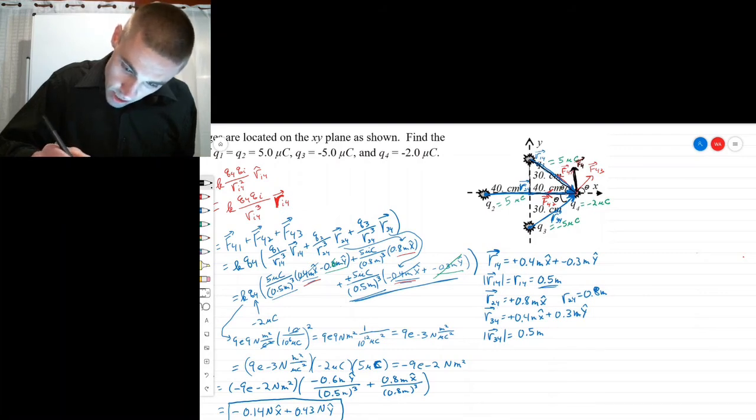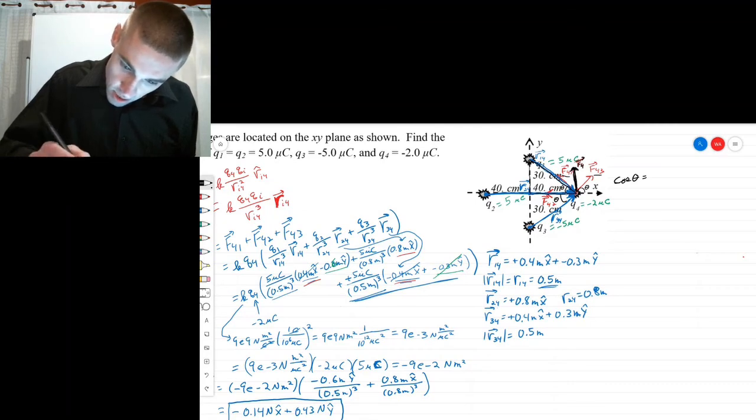And I just need to take the cosine of theta to get the x component of each of these forces, of F43 and of F41. F42 is all in the x direction as it is.